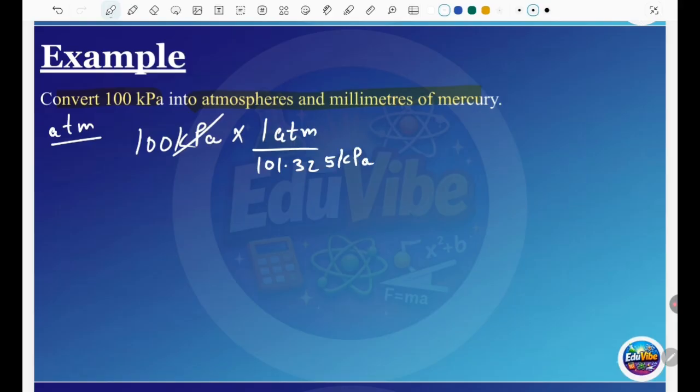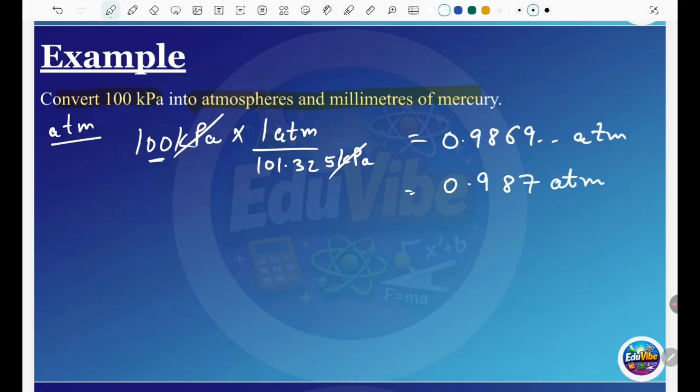You can see that kPa cancels out, and when you solve this you get about 0.9869, and to three significant figures, 0.987 atm. So this is how we convert 100 kPa into atm.